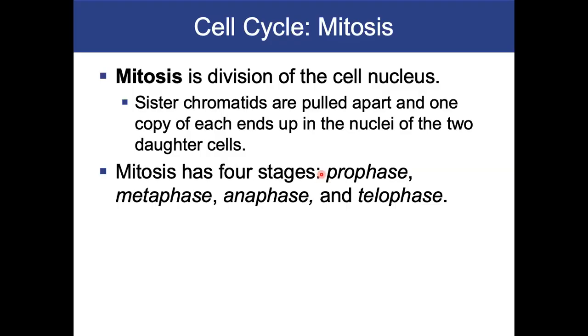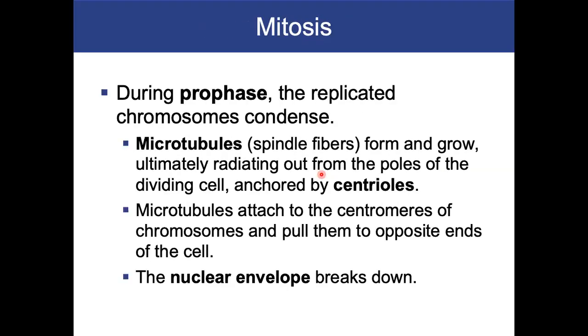Oh, genetic disorders. So if somebody has a genetic disorder, you need to be aware of that genetic disorder and how it plays out, what the different chromosomes, and we'll talk about that in a second. Okay, so mitosis, I want you to know what happens at each stage, right?